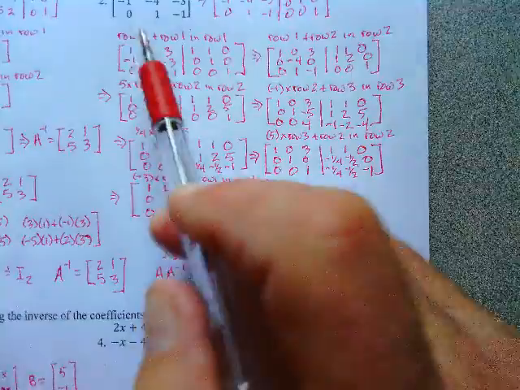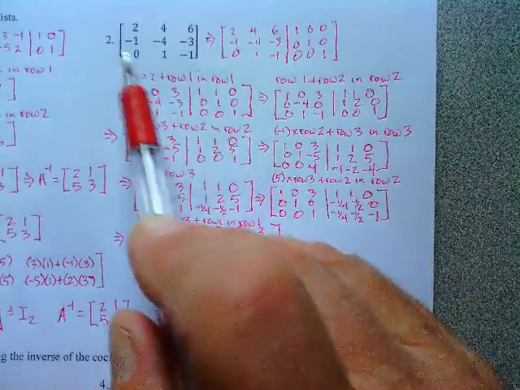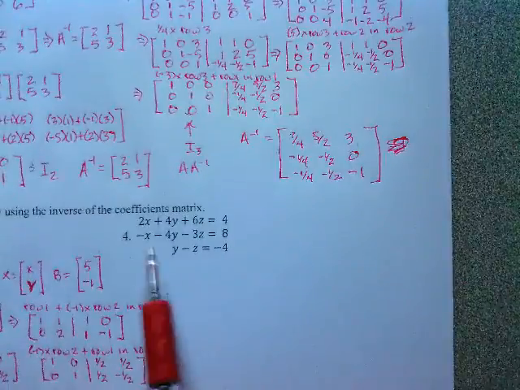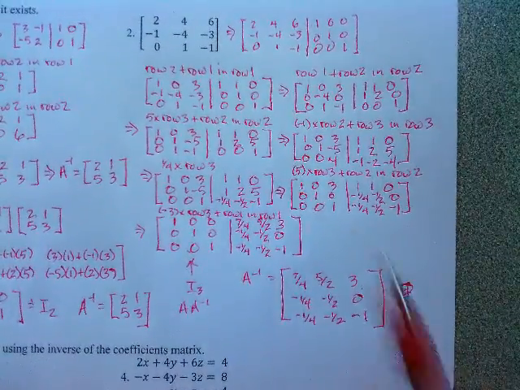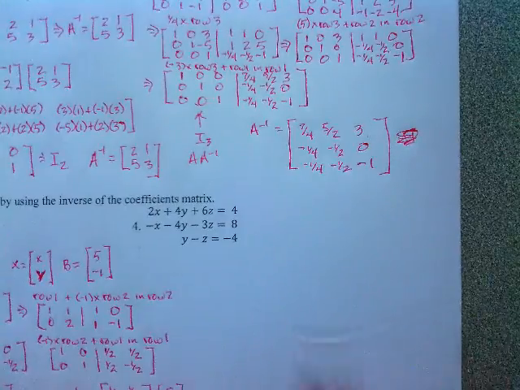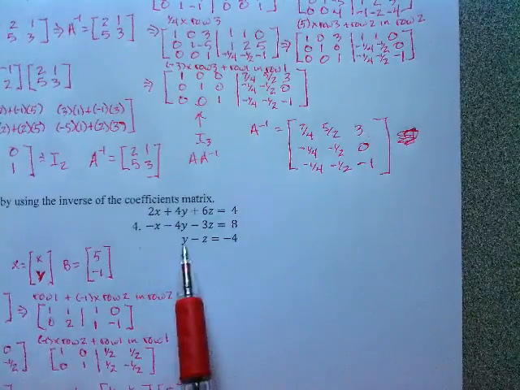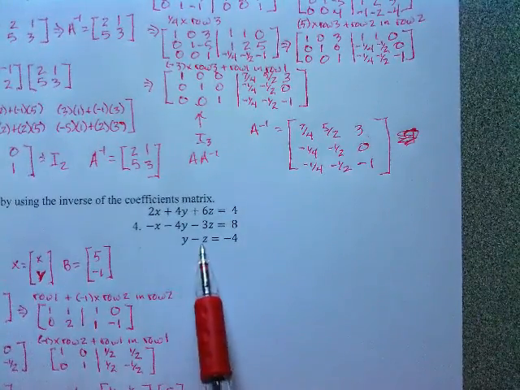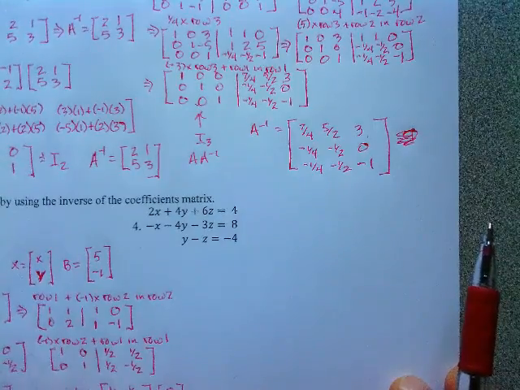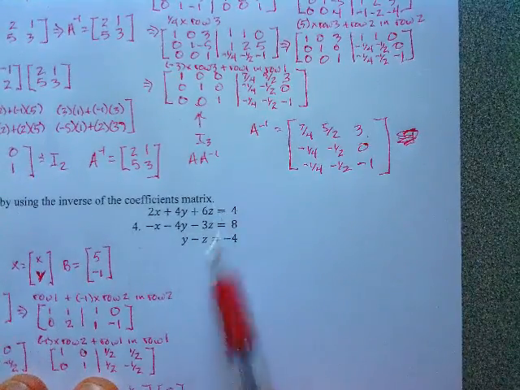Then I had -1, -4, -3, -1, -4, -3, and then 0, 1, -1, 0, there's no x, +1 for the y, -1. So that, in fact, would have been our A in this case.